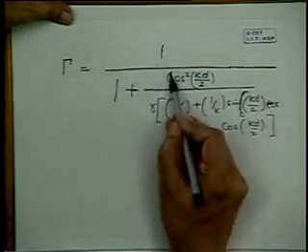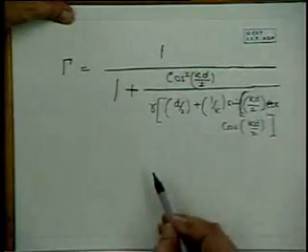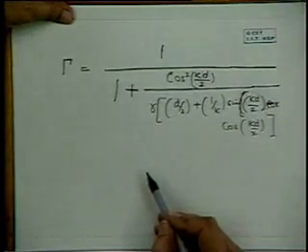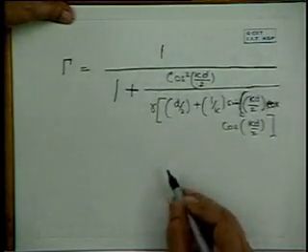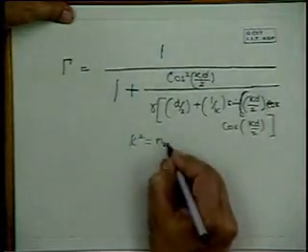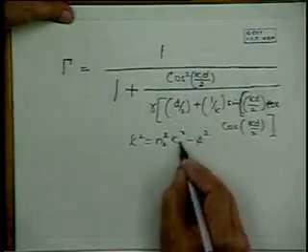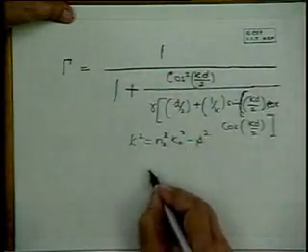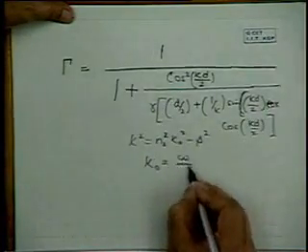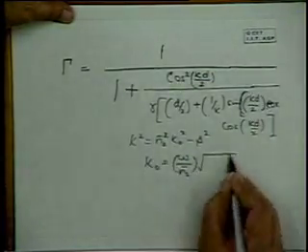If you want gamma to be large, you would like this term to be small. For the values of k, we know that k squared is equal to n2 squared k0 squared minus beta squared, where k0 is the wave number, k0 equal to omega root over mu 0 epsilon times n2.